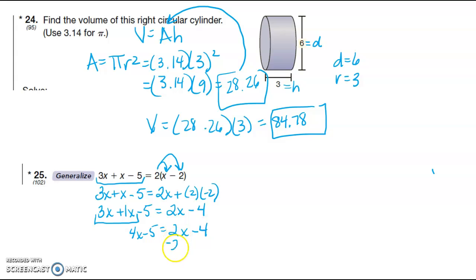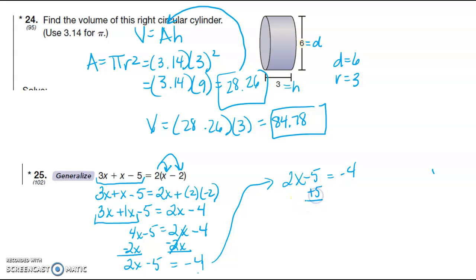And then I'm going to move the lower number that is attached to x over. So this has got to go. We've got to combine our like terms, get x on one side and equals on the other. So this is 2x minus 5 equals negative 4. What happened here? Oops. Okay, so I'm going to pull this up here because I don't have any more room.